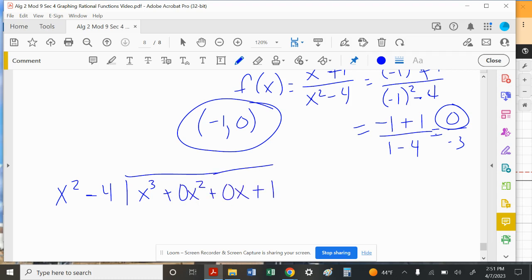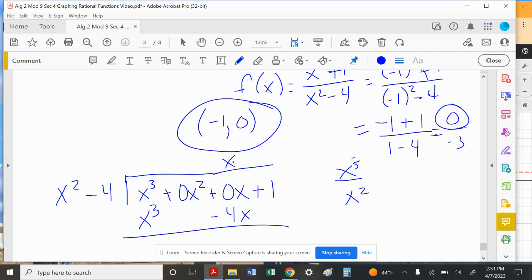So that's really x cubed plus 1. Okay, so then we divide x cubed divided by x squared. That just gives me x. X times x squared is x cubed. X times negative 4 is negative 4x.